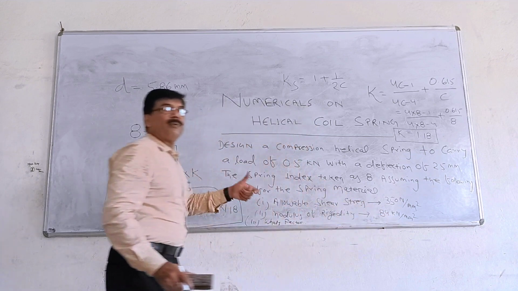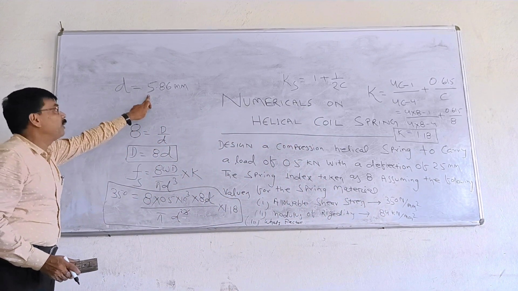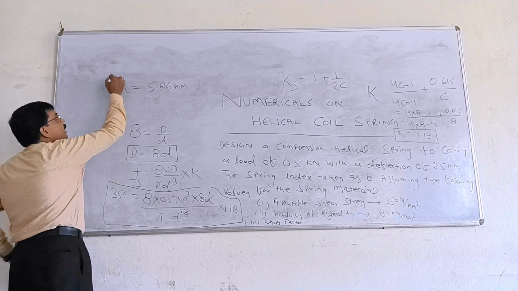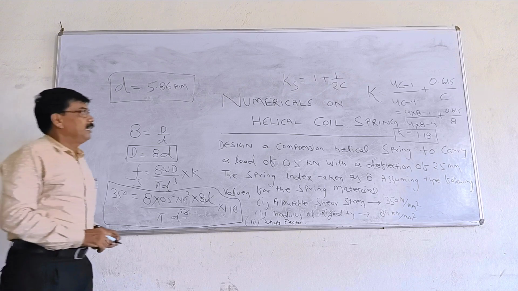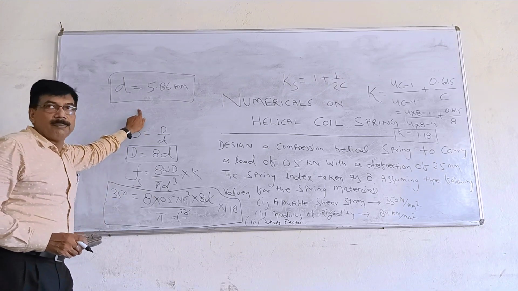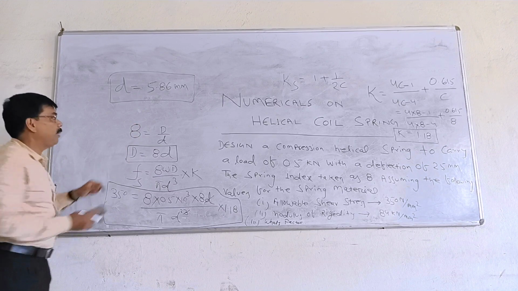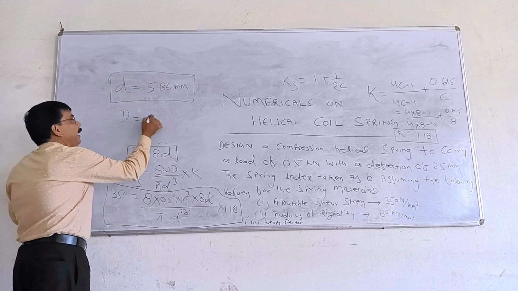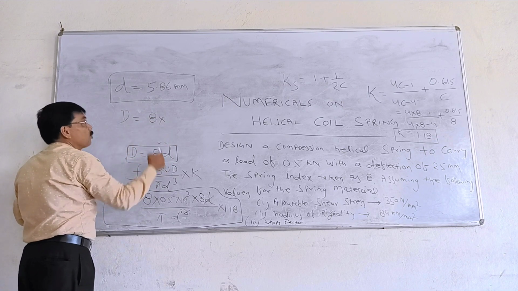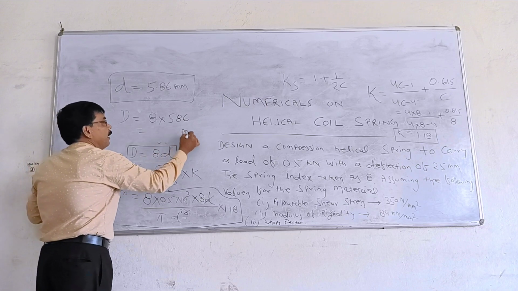So all the units should be changed to mm, then you will find d is equal to 5.86 mm. Then small d value found, then find capital D. So capital D, that is mean coil diameter, is 8 into small d, that is 5.86. It is also in mm.